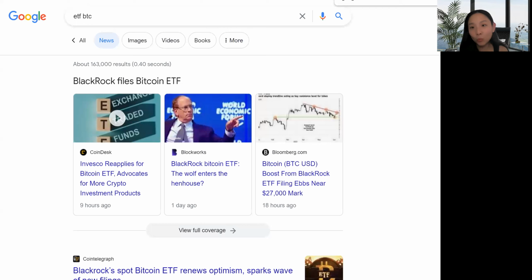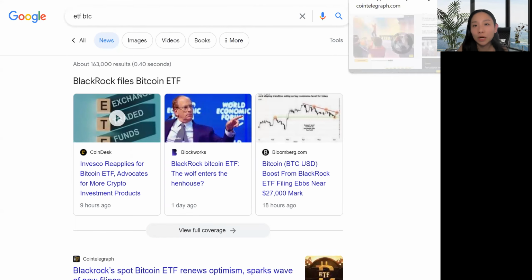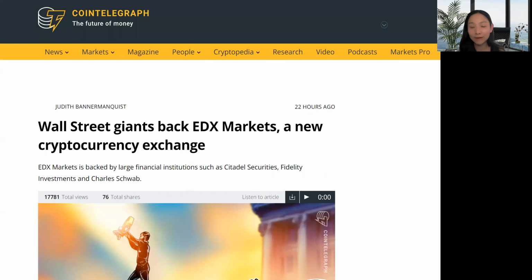Lately, BlackRock, one of the biggest asset management companies, filed for a Bitcoin ETF, and Invesco also applied for a Bitcoin ETF. This is definitely good news because those companies are safer. They have stronger regulation to control them. At least they don't collapse so easily, if you have experience with FTX or other platforms previously.